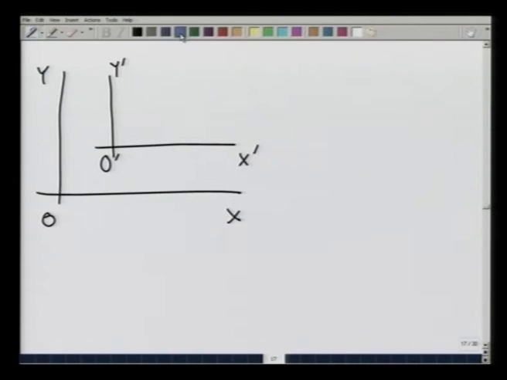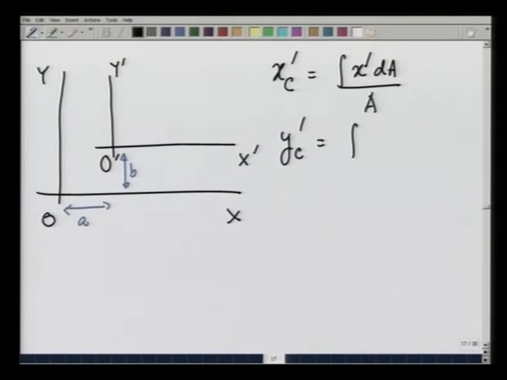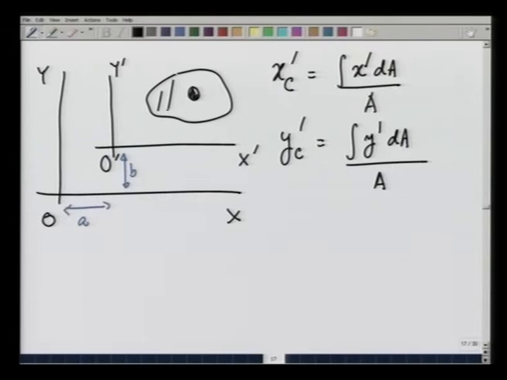The O prime is shifted with respect to O by x coordinate A and y coordinate B. Let the centroid coordinate in O prime frame be x c prime, which is equal to integration x prime d A over the area, and similarly y c prime is equal to integration y prime d A over the area, where d A is some small area given in this plane area which I have drawn here.